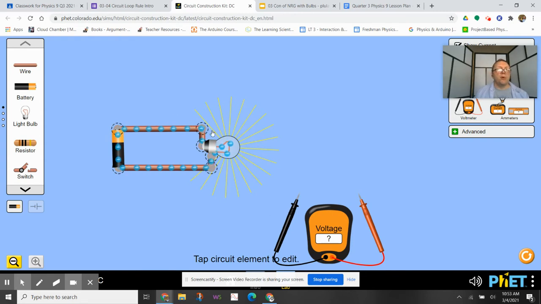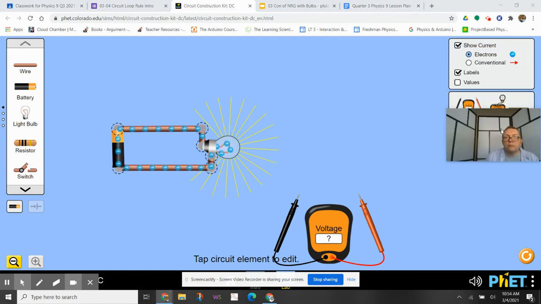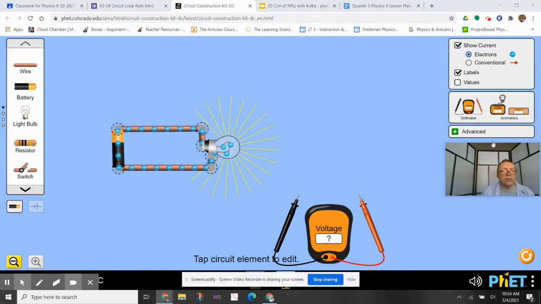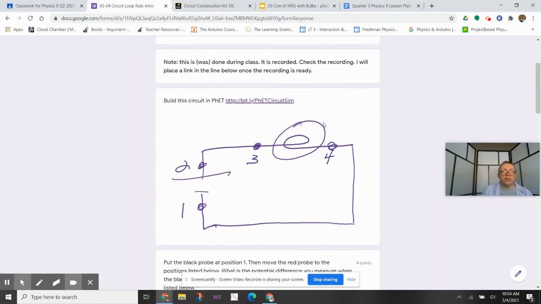So that's why I'm not doing this with as few wires as possible. I'm trying to make it look the way a circuit diagram should look. So that is a circuit very similar to this one. We have our battery and a light bulb, and this is point 1, 2, 3, 4.